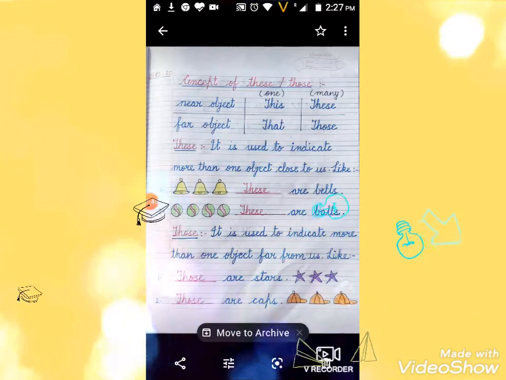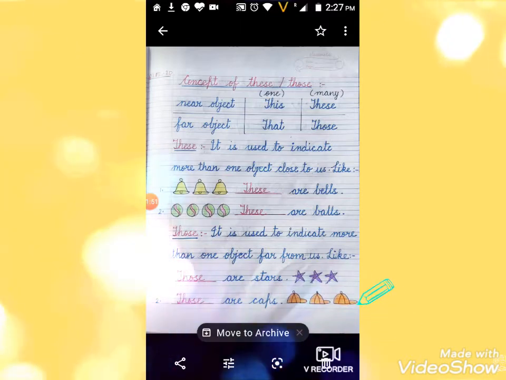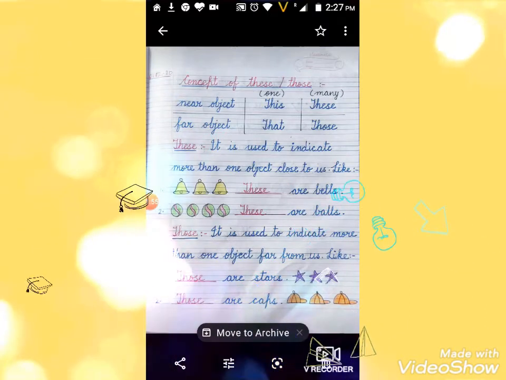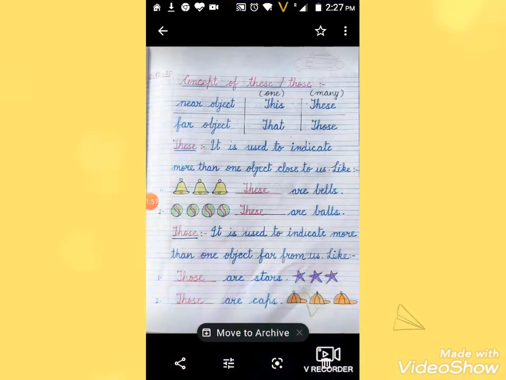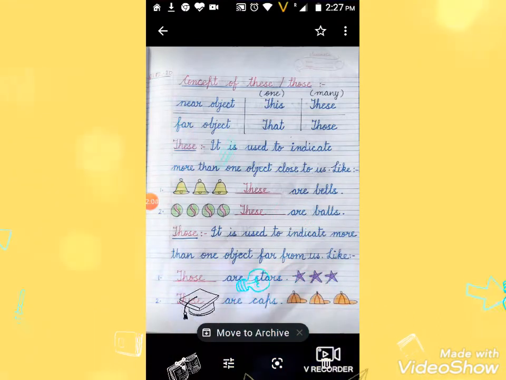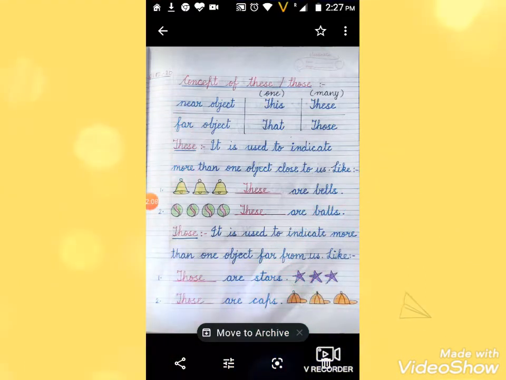These is used to indicate more than one object close to us. These are bells and these are balls. And those is used to indicate more than one object far from us, like those are stars and those are caps.